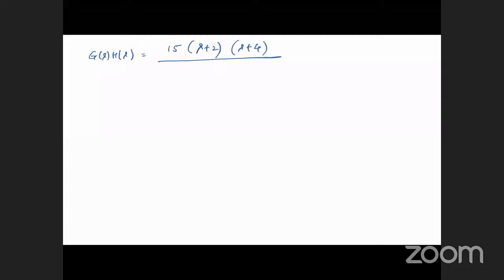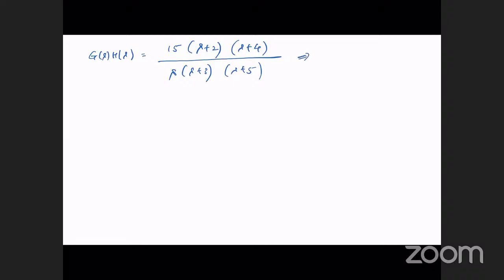So let us assume G(s)H(s) is given as 15 times (s plus 2) multiplied by (s plus 4), whole divided by s into (s plus 3), then (s plus 5), and so on. In that case, as you can see, it is not in time constant form. How do I understand that?